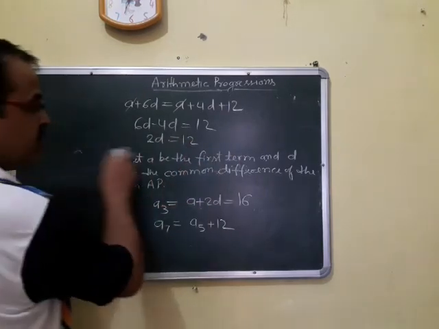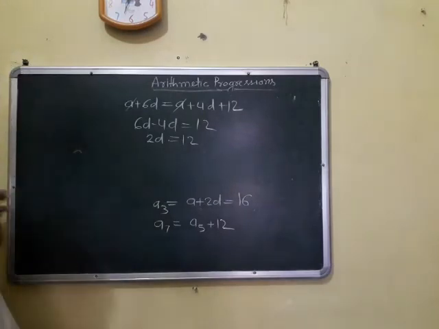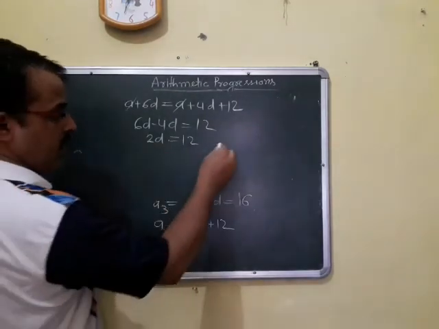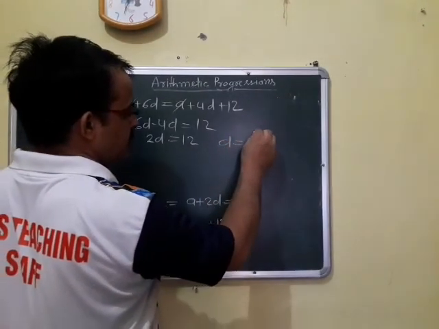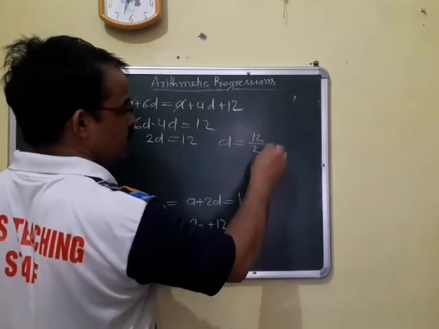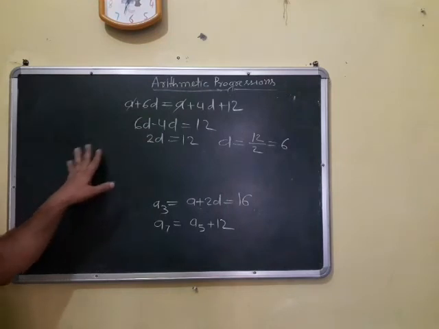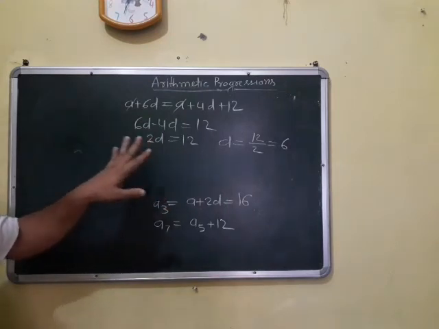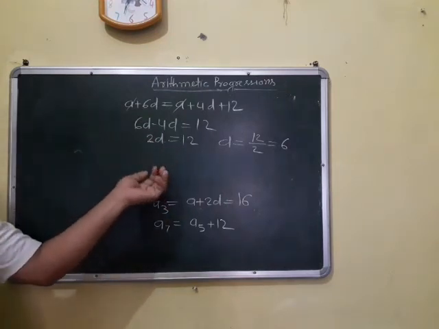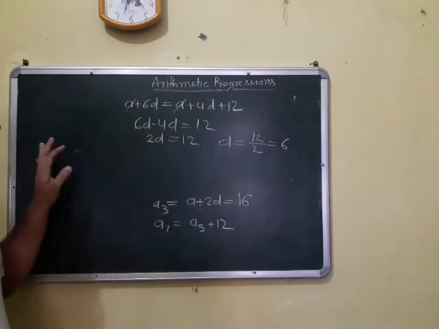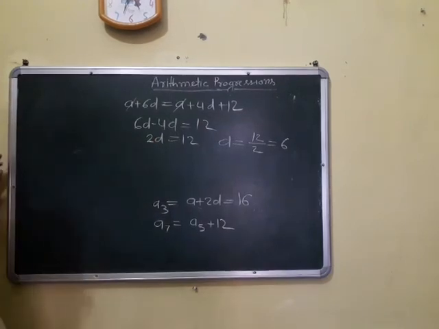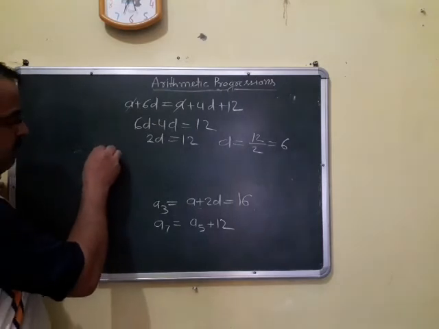d is equal to 12 by 2. We get here 6. So we find here d is equal to 6. Then find the value of a, the first term.